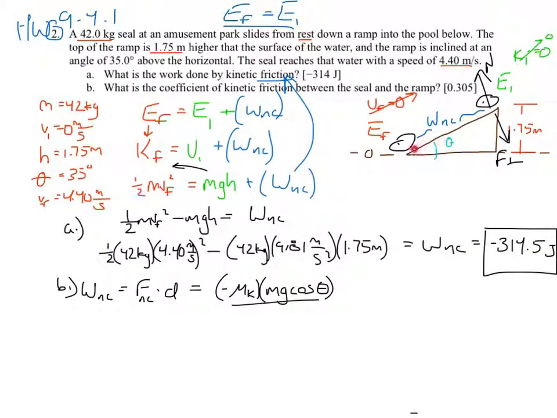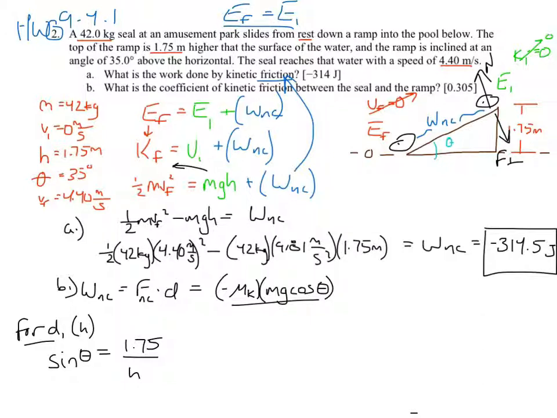That's the hypotenuse, right? So we have opposite, hypotenuse, and an angle. For distance d, which is really the hypotenuse, we can say the sine of the angle equals 1.75 meters over the hypotenuse.